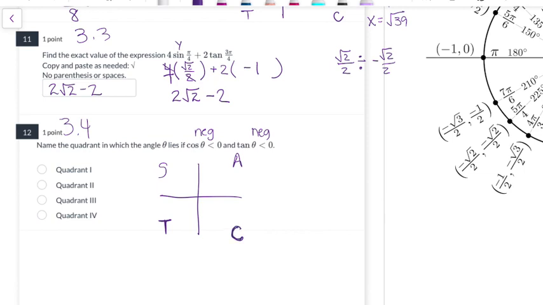This one says cosine's positive, so it can't be that one. It has to be this one, because if sine is positive, that means cosine and tangent are negative. And so if you don't know your quadrants yet, they go in counterclockwise order. And so it is quadrant 2. All right.